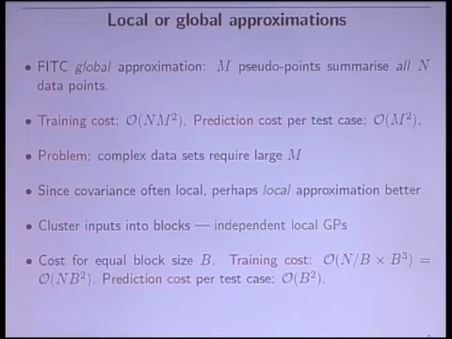But with certain types of data sets, even this is not really enough, because what you end up needing for very complex data is a very large M. So you need to cover the space very densely with lots of basis points everywhere. And since the covariance function that we're using in Gaussian processes is often some kind of local covariance, then maybe just a local approximation would be better.